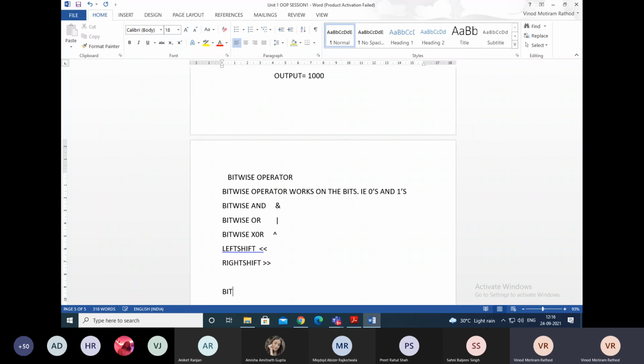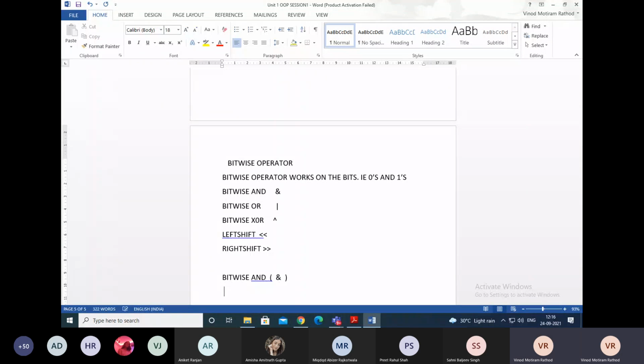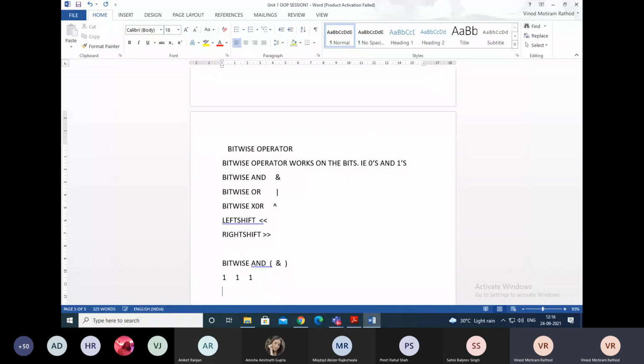Can anyone tell me the truth table for the bitwise AND? One and zero, the result is zero. One and one, the result is one. Then zero and one, the result is zero.